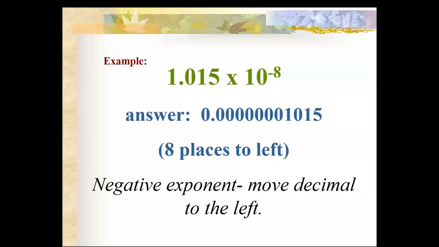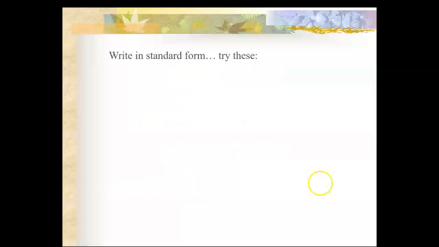And to get that from 1.0 to all the way over here, you have to move it 1, 2, 3, 4, 5, 6, 7, 8. 8 places to the left. And you're left with a number, mercy. You don't want to have to do that. Maybe it's necessary sometimes, but I'll tell you, it'll never be necessary in my classes. So, try these.